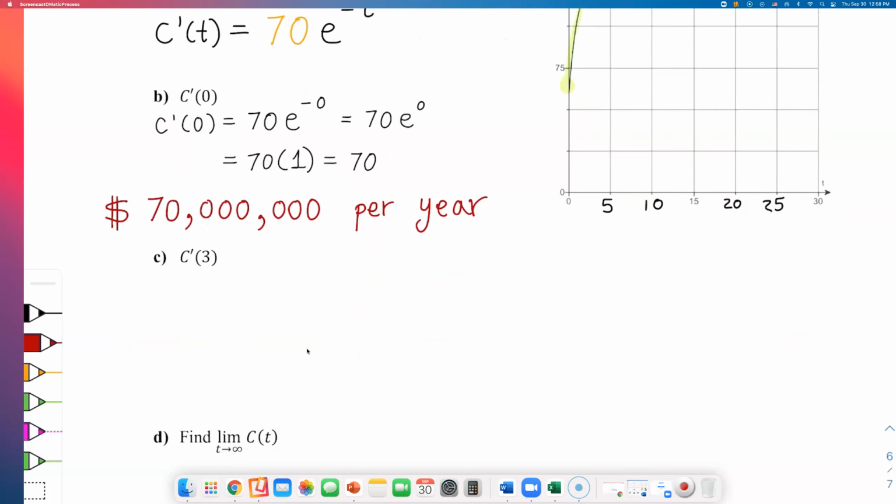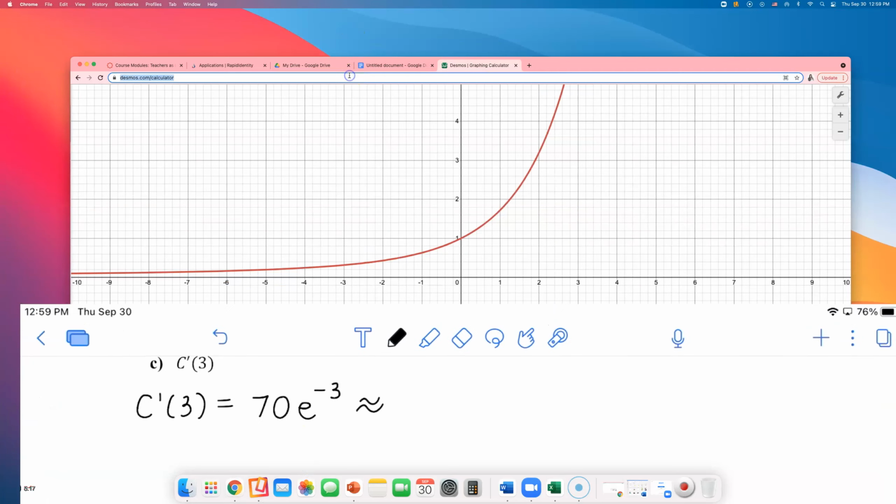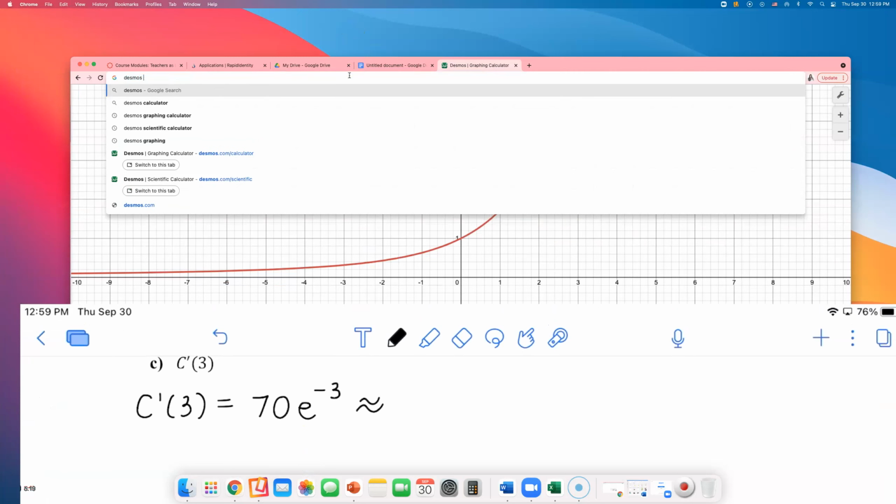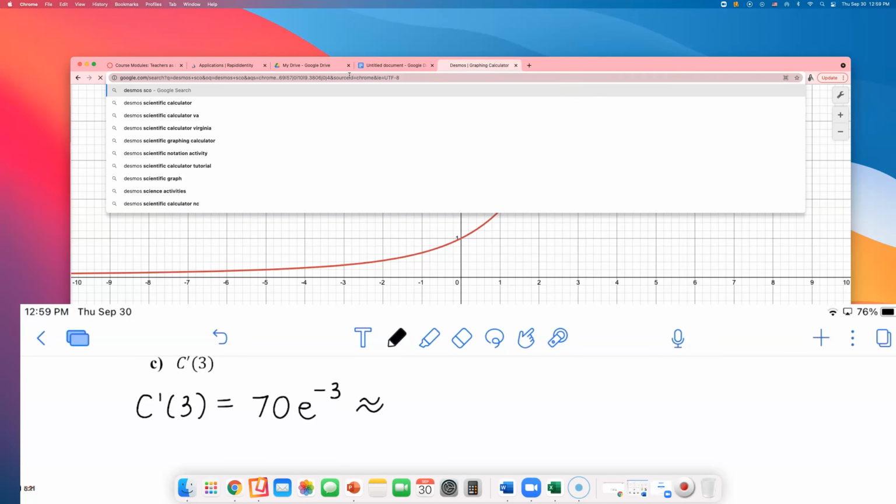So let's plug in 3 into C prime. I think I'm going to need a calculator for this part. I have to do 70 times e to the negative third power. I'm going to open up a calculator. I need a scientific calculator.